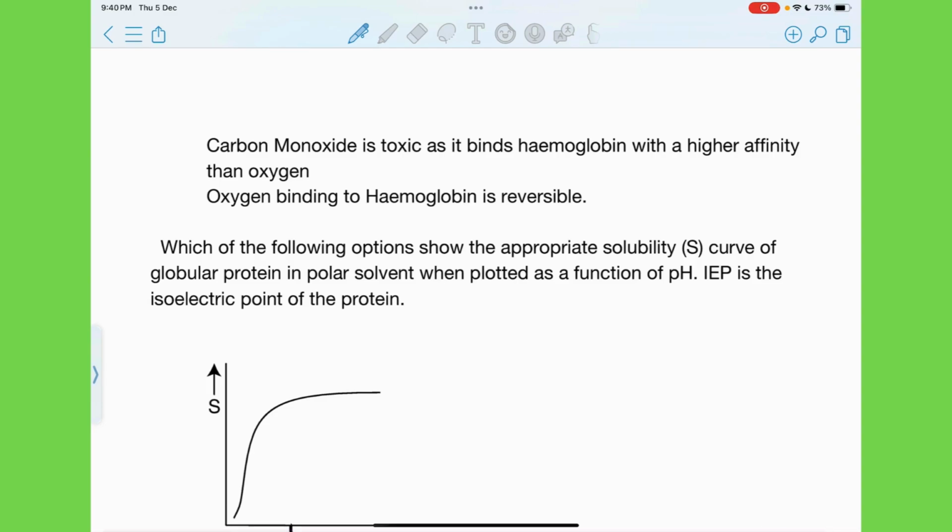Yes, this is true; it's toxic because it prevents oxygen binding. Oxygen binding to hemoglobin is reversible. Yes, that is the reason why the transfer from the lung alveoli to the cells, and again the carbon dioxide from the cells to the lungs, is exchanged.